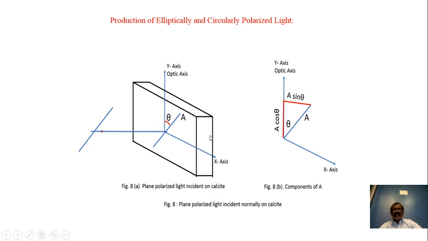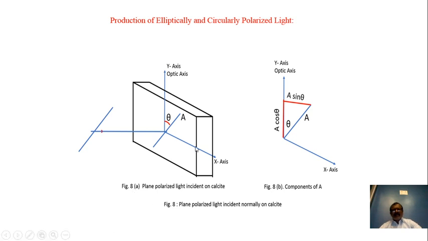Therefore this crystal, which produces a path difference of lambda by 4, is called a quarter wave plate. A path difference of lambda by 4 is equivalent to a phase difference of pi by 2, that means 90 degrees, between the ordinary and extraordinary rays.